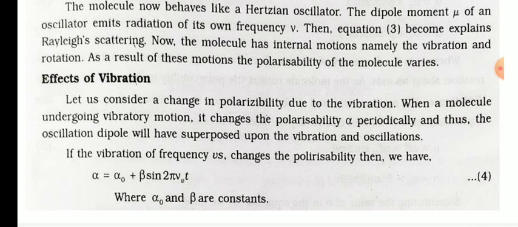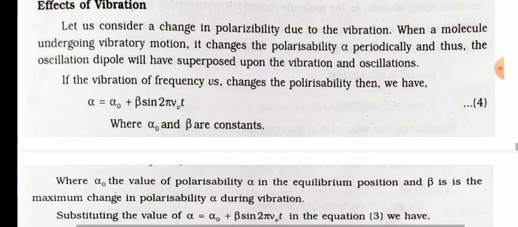If the vibrational frequency is nu V, which changes the polarizability, then we have alpha is equal to alpha naught plus beta sine 2 pi nu V t, where alpha naught and beta are constants.